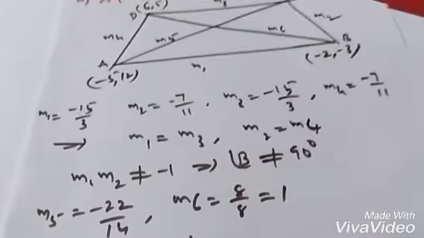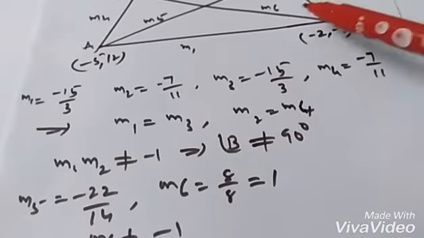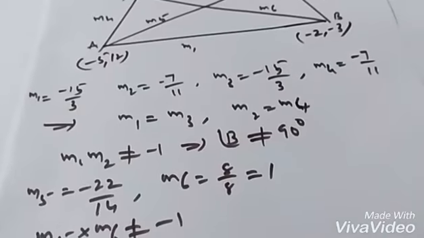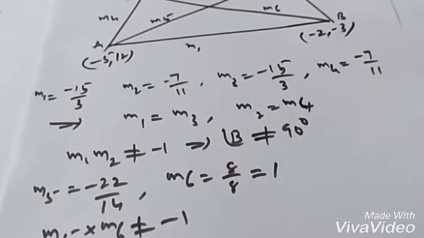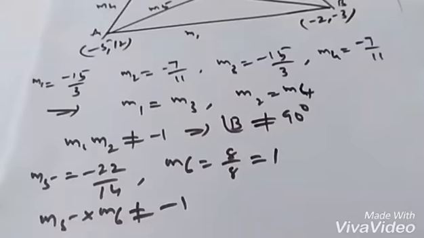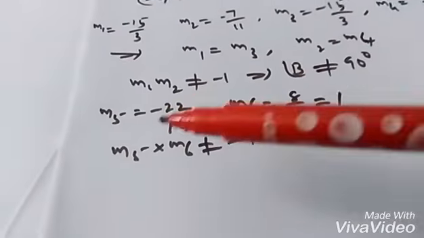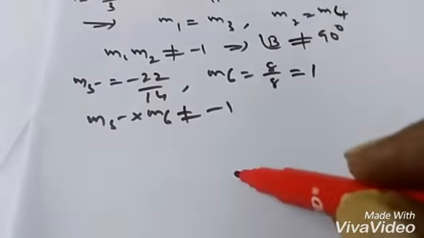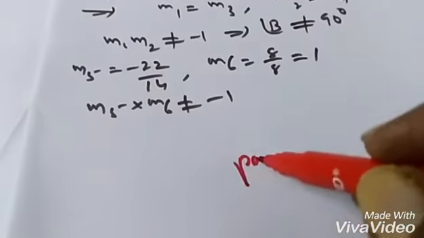But the adjacent sides are not at 90 degrees, so it is either a parallelogram or a rhombus. It can't be a rectangle or square. Then I found M5 and M6, where if it is 90 degrees it will be a rhombus, otherwise it is a parallelogram. Here M5 and M6 product is not equal to minus 1. Therefore the given figure is a parallelogram.